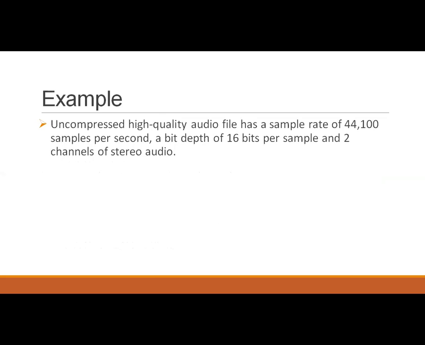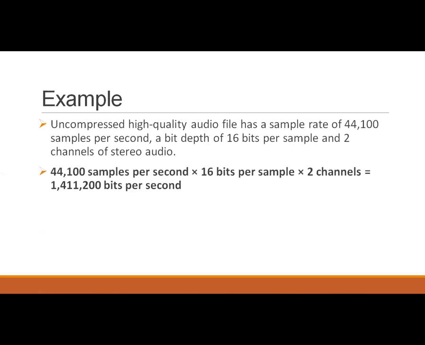The bit depth is 16 bits per sample, meaning the sampling resolution is 16 bits per sample, and we are going to record it for 2 channels of stereo audio. The calculation is very simple: 44,100 times 16 times 2. It gives you how many bits you need to record 1 second of audio. In this case, it is 1,411,200.